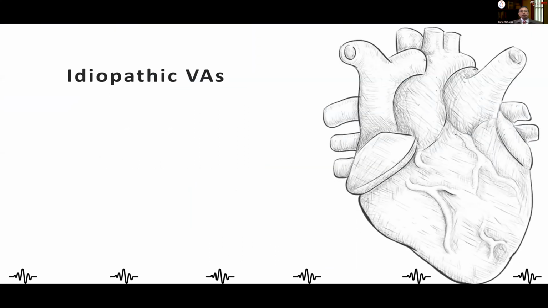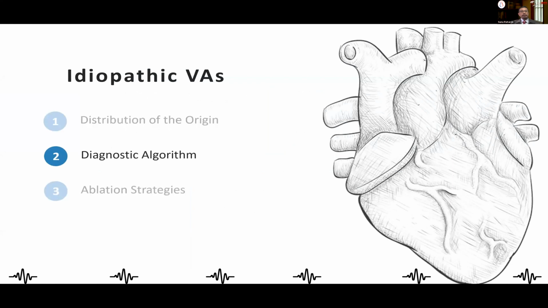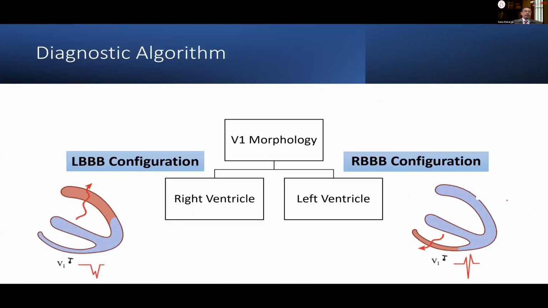So now let's learn how to identify the origin of the ventricular arrhythmia. The first is the morphology in V1, as Dr. Raharjo has mentioned in depth, but I would like to simplify that.